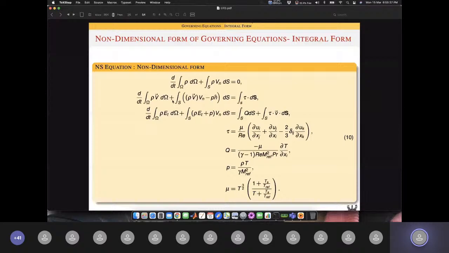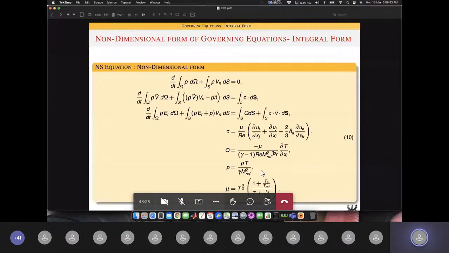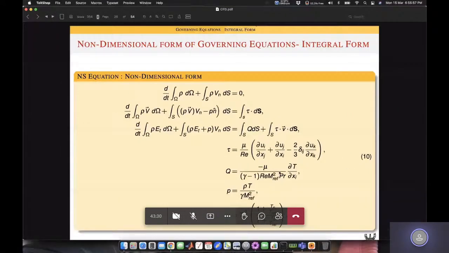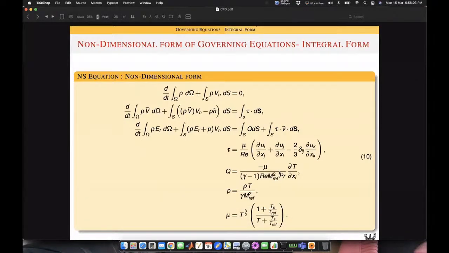We non-dimensionalize those equations with certain basic parameters, and we get a set of equations which look like the original equations, but with certain additional numbers like the Reynolds number, the Mach number and the Prandtl number sitting in them. These are the non-dimensional numbers. So instead of changing many parameters, I would like to change these few parameters and get the same effect as all the parameters that I'm looking at. Non-dimensionalization would give that.